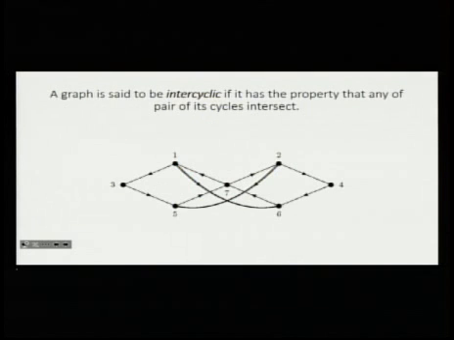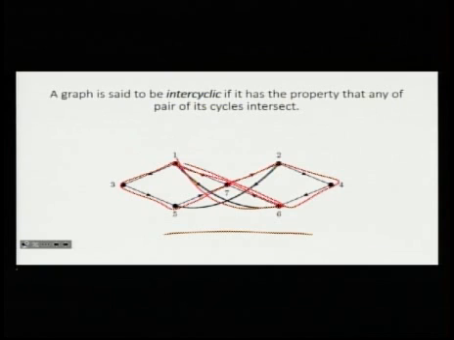An interesting group of graphs are intercyclic graphs. A graph is said to be intercyclic if it has the property that any pair of its cycles intersect. So in the following graph, we've got several cycles. Maybe we have this cycle here, or maybe this cycle here, and there are several cycles that we could have.